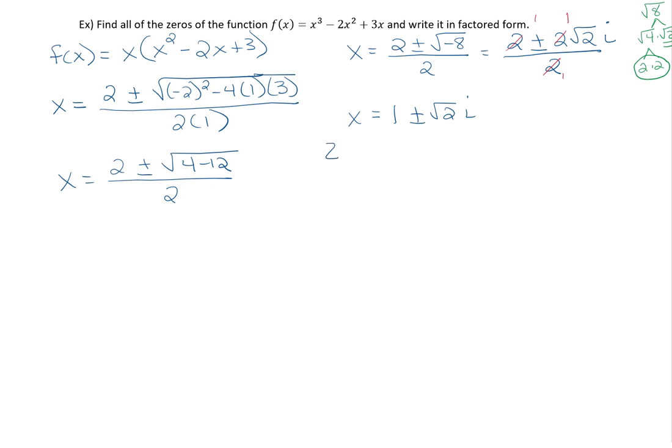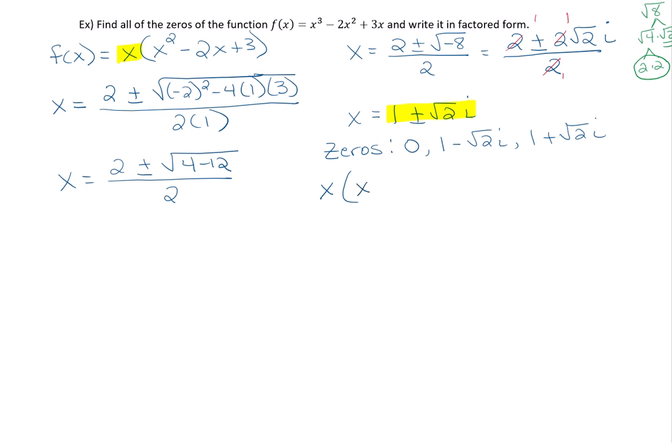So all of our zeros come from this factor of x. We can't forget that guy. And these two that we found using the quadratic formula. So we have an x of 0, 1 minus the square root of 2 i, and 1 plus the square root of 2 i. Notice they wanted us to write the equation in factored form. Well, we already have x as a factor because we factored it out. The complex numbers sometimes look a little strange.